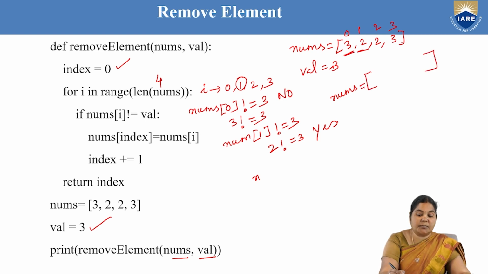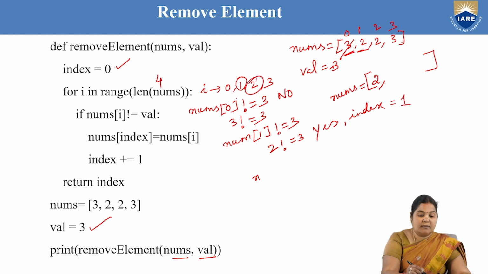At the 0th index, what should be there? It should be nums of i. What is there in nums of i? The i value is 1, which is equal to 2. 2 should be placed over here. So 3 has got replaced and now it is containing only 2. Now, index plus plus. Now index becomes 1.